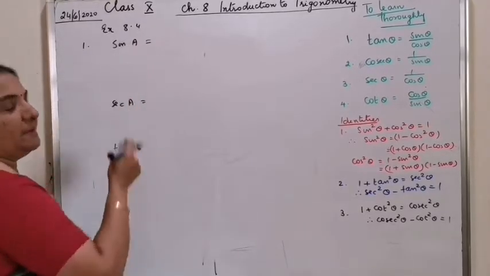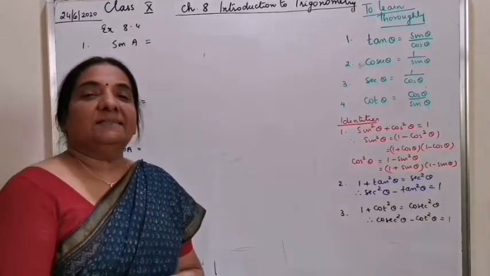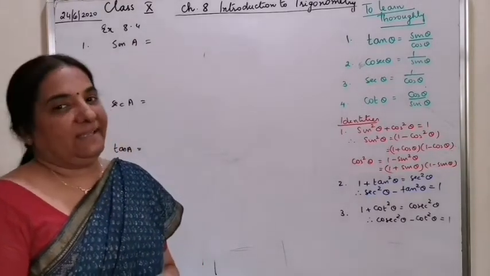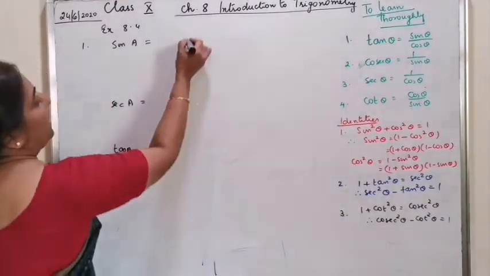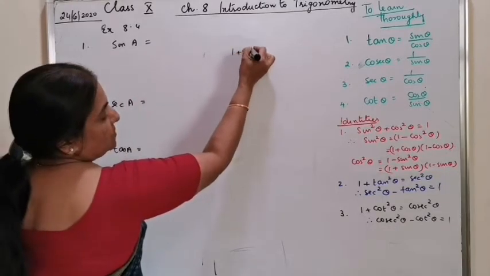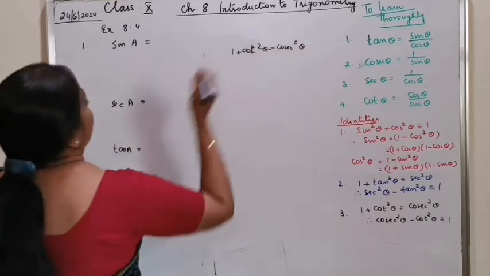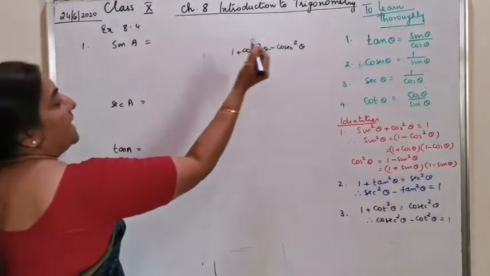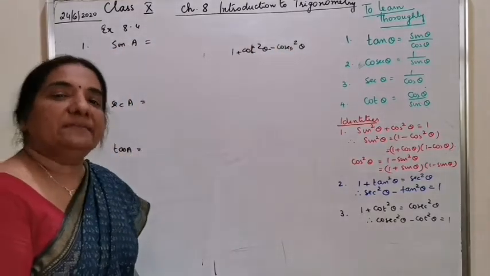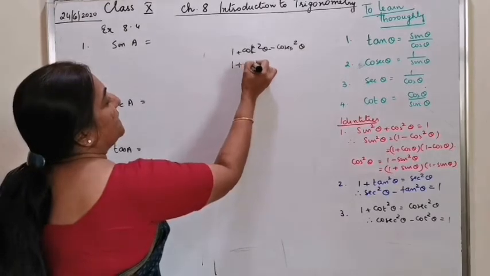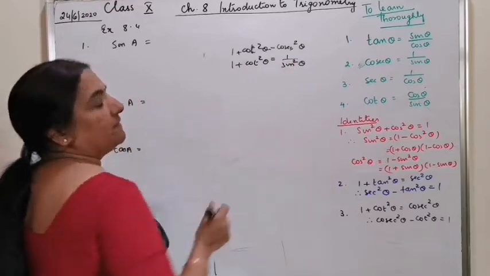In terms of cot A means sin A has to be expressed as some relation with cot A. When you look into the identity, 1 plus cot square theta is equal to cosec square theta, and cosec square theta is related with sin square theta, so 1 plus cot square theta is equal to cosec square theta, which is 1 by sin square theta.